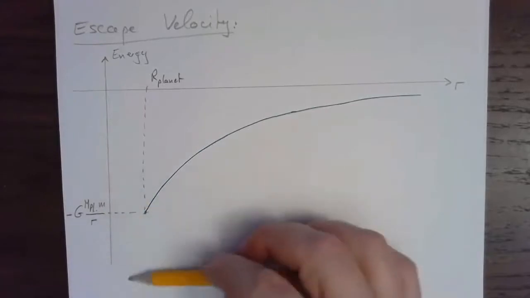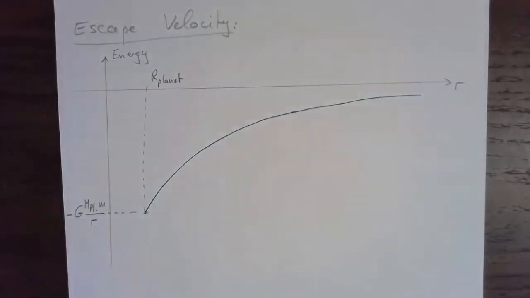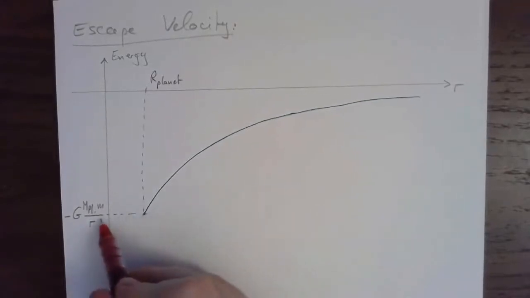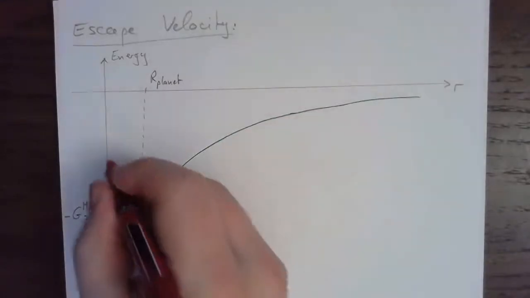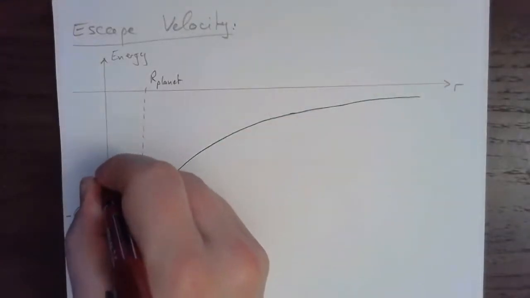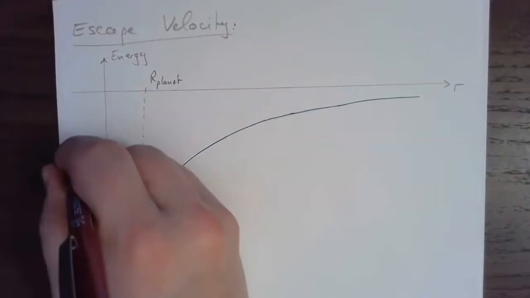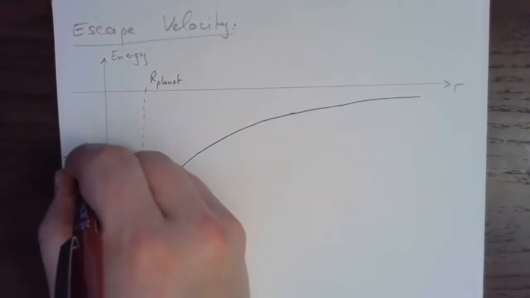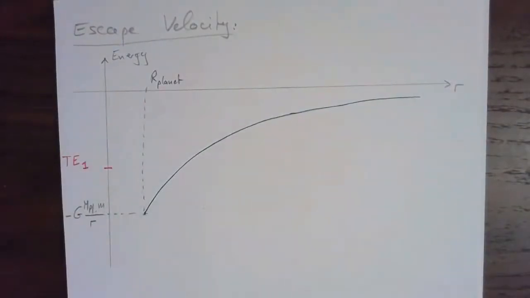It doesn't matter, but we're adding some energy. So my total energy, if I just shoot a projectile from the surface of the Earth, would be the potential plus the kinetic, so maybe it would take me to here. It's my total energy for the first case that I'm thinking about.